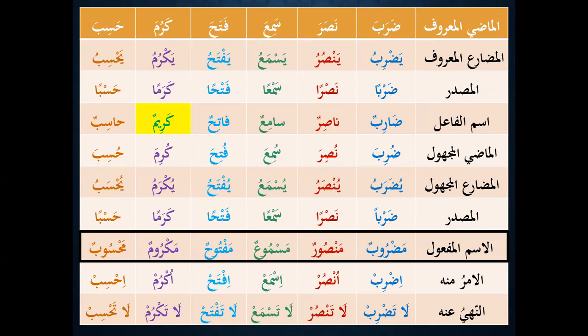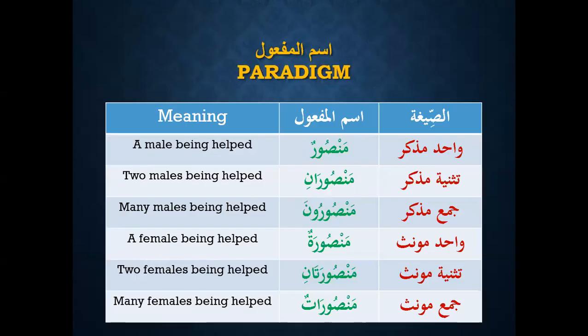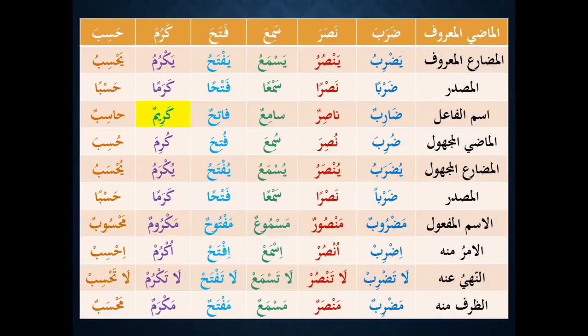They do not have maf'ul. They do not have object. مفعول منصور اسم المفعول. So منصوران منصورون منصورة منصورتان منصورات. Again, they are time unbound. That is why there's no first or second or third person, but they are applicable to all 3.